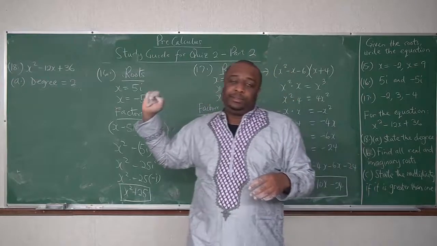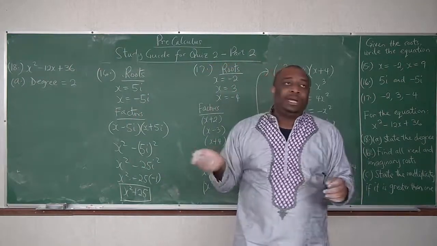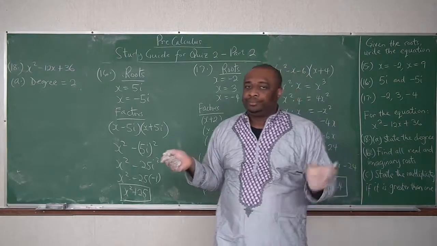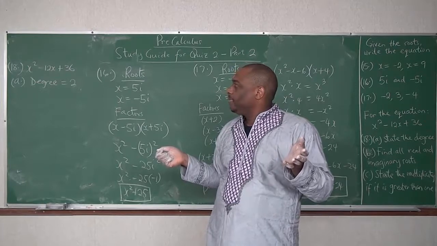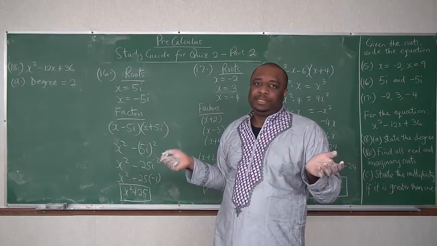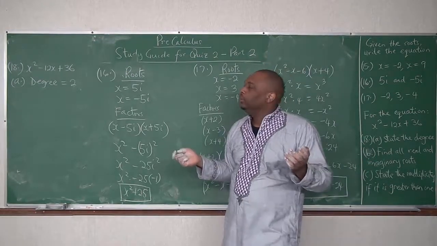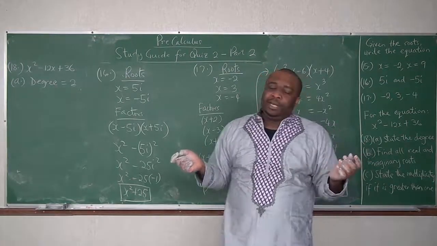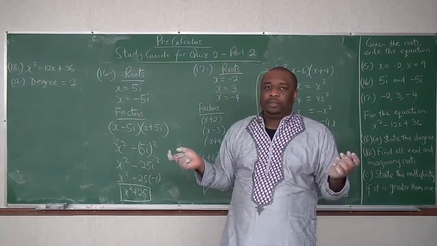36 with x squared. 1 and 36 will not work. Negative 1 and negative 36 will not work. 2 and 18 will not work. Negative 2 and negative 18 will not work. 3 and 12 will not work. Negative 3, negative 12 will not work. 4 and 9 will not work.